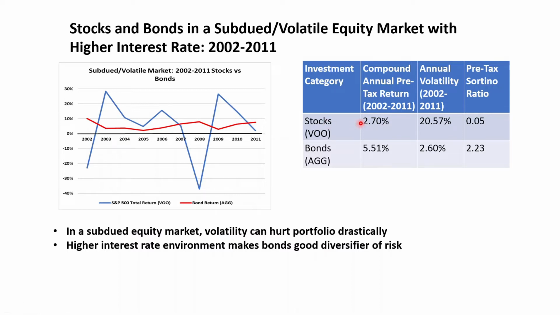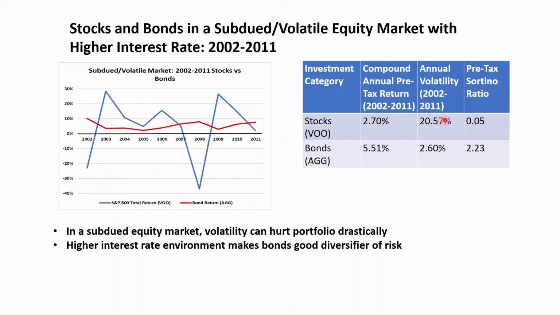So when you look at stocks from the period of 2002 to 2011, again, we're using VOO as the benchmark. The pre-tax return was only 2.7% during this 10-year period. And obviously it's low because of this huge loss here in 2008. And then again, the volatility is just a measure of how much it goes up and down as a percent.